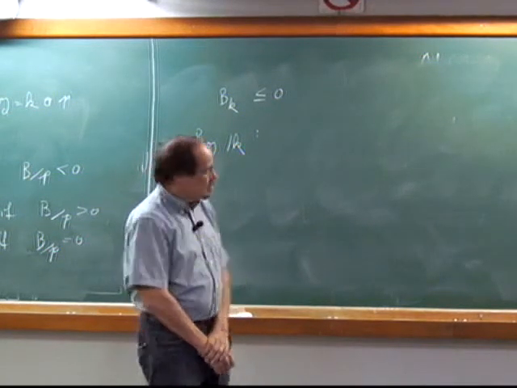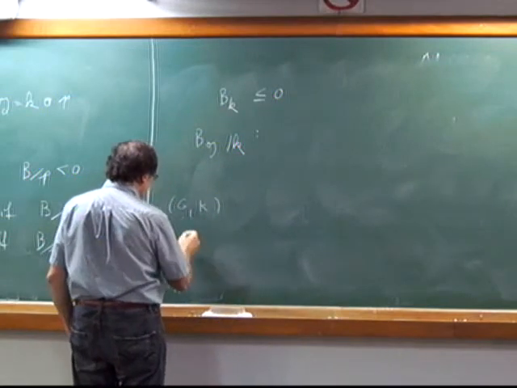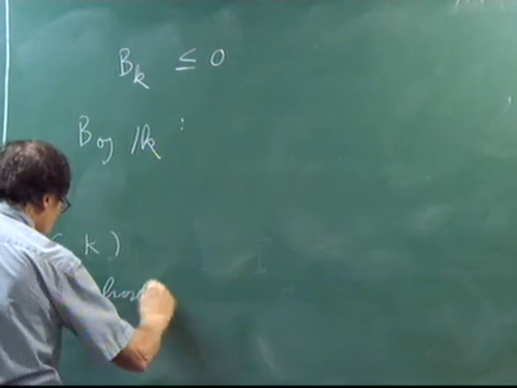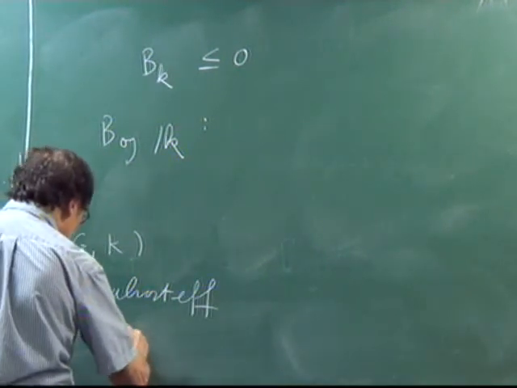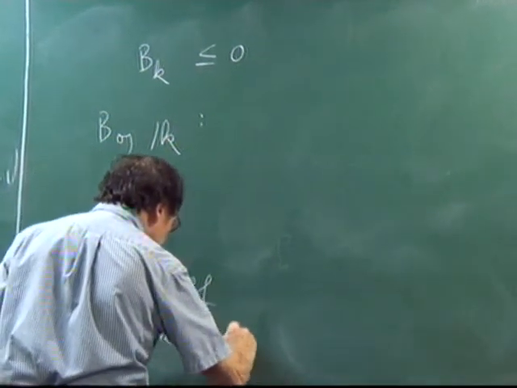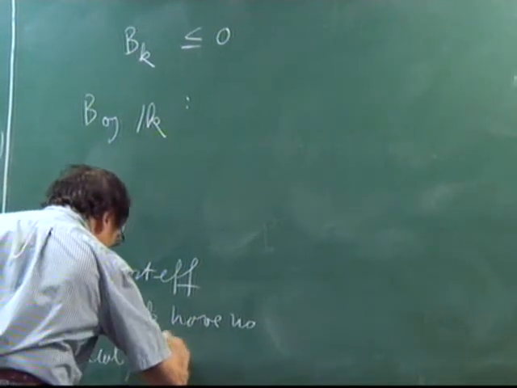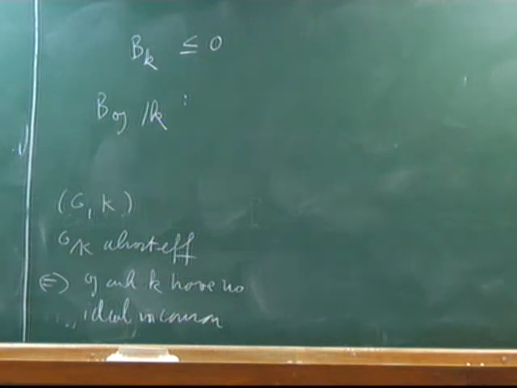Right. So in fact, in this language G mod K is a symmetric pair, and the assumption was also that G mod K is almost effective, which was if and only if G and K have no ideals in common. So as far from normal as you want to, K is never allowed to be normal in G, then it's not effective.